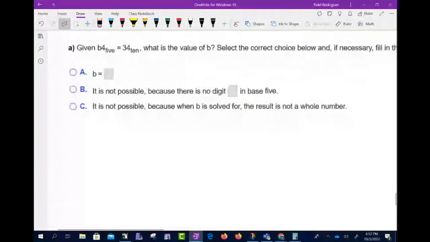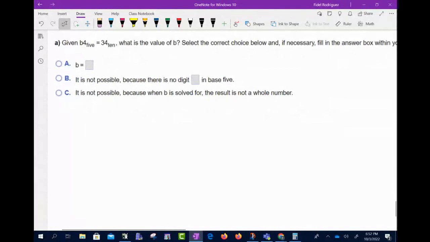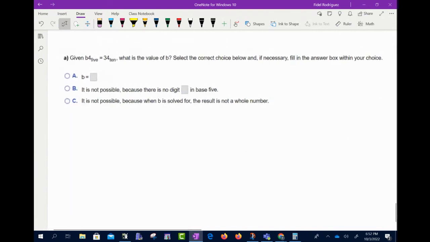Okay, and it says, given that b4 base 5 is equal to 34 base 10, what is the value of b? Select the correct choice below, and if necessary, fill in the answer box with your choice.